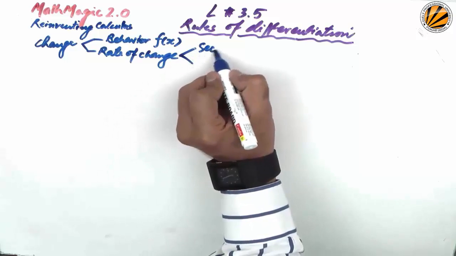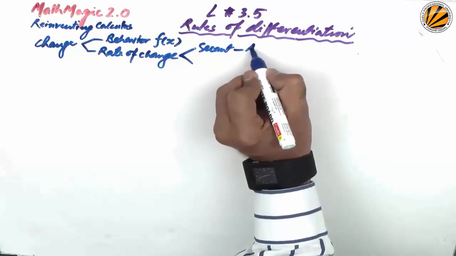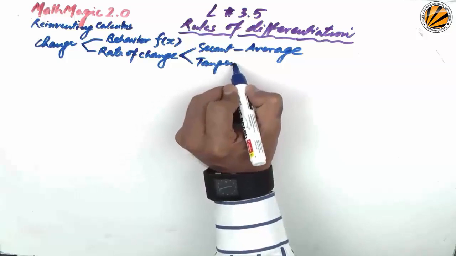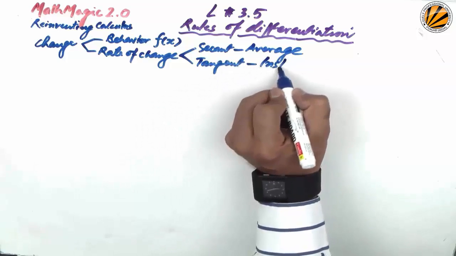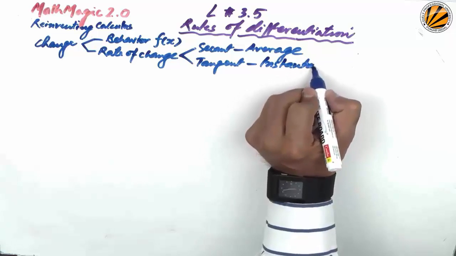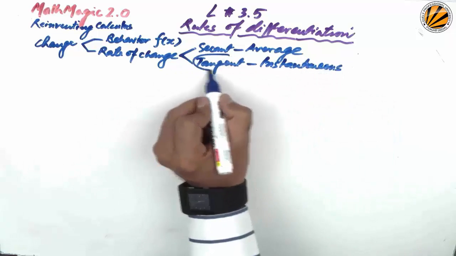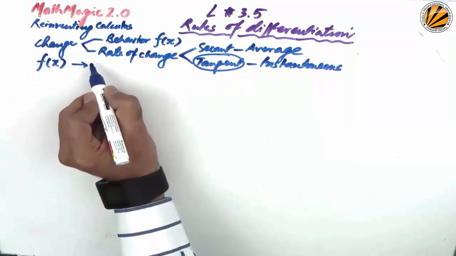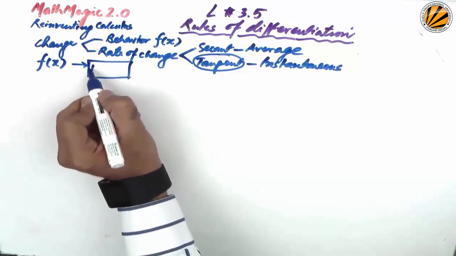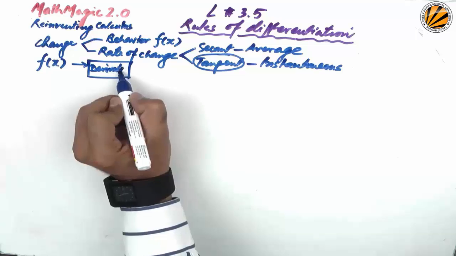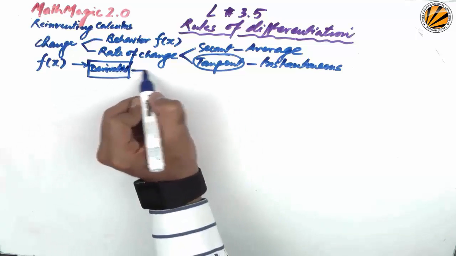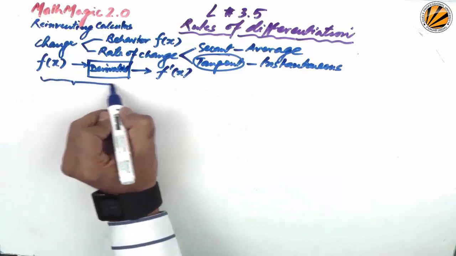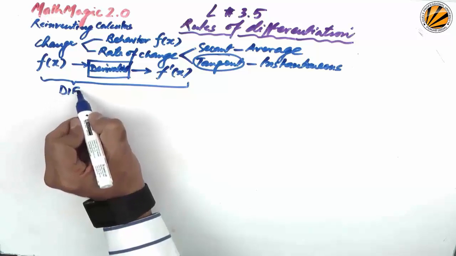One is the secant, or the average rate of change, and the other is the tangent, or the instantaneous rate of change. We are more focused on the tangent part. We did the process, we found the derivative of a particular function, and this whole process is primarily known as differentiation.